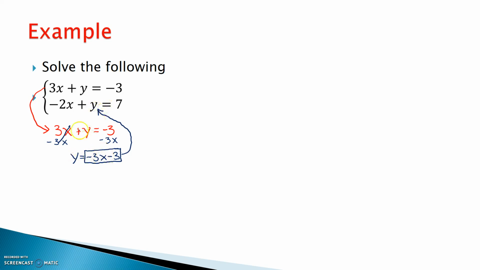Now again, if this was x equals, then I would have plugged it into the x. So my equation here is going to actually turn out to be -2x plus y. But instead of that y, I'm actually going to replace it with, and here in parentheses, -3x -3, is equal to 7.